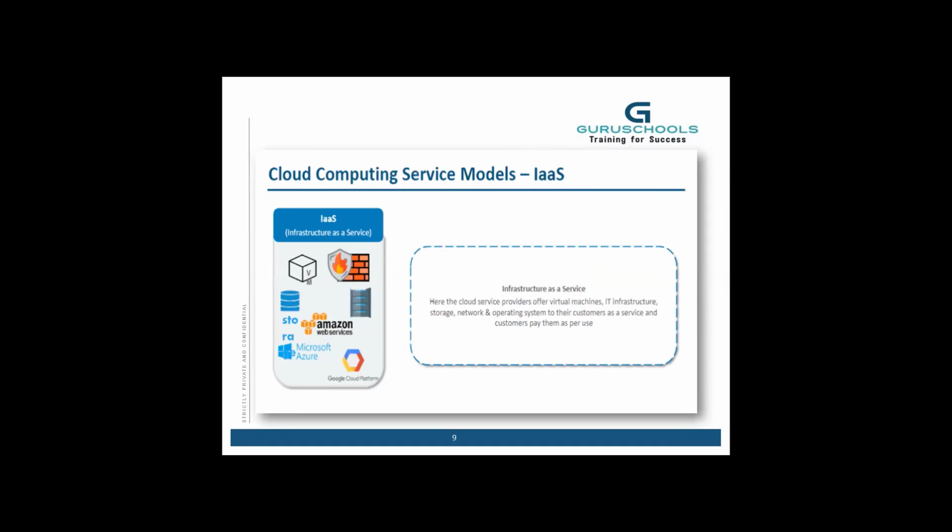You can see on the screen Amazon Web Services, Microsoft Azure, Google Cloud Platform, and VMware. These are all companies offering services on their own infrastructures. Salesforce is also using its own infrastructure, and it's pay per use. For example, if you visit a mall and pay a $1 entry fee, and then you need another $2 or $3 ticket to visit the cinema hall, so it's pay per use.